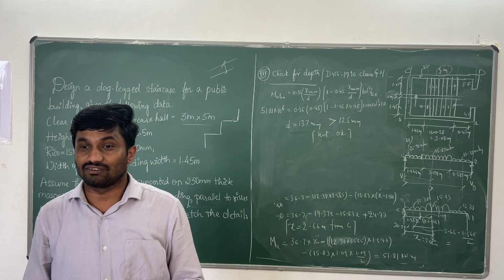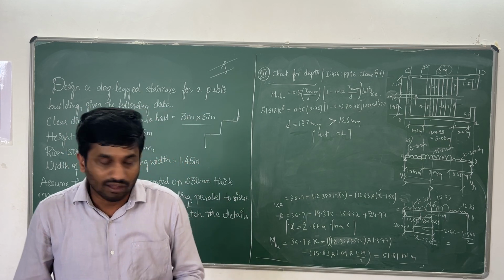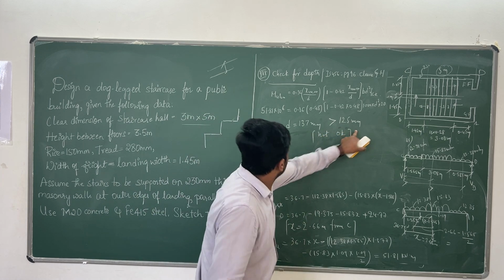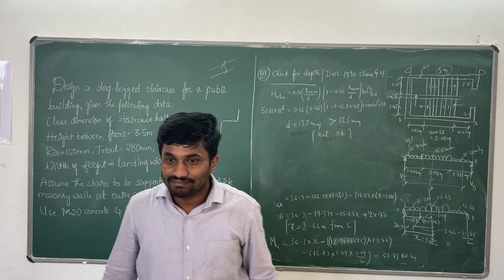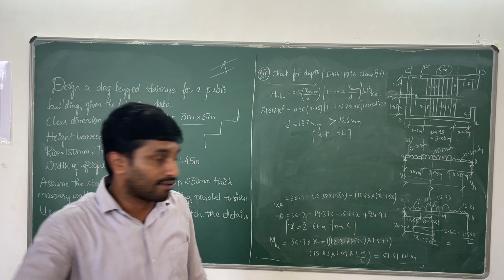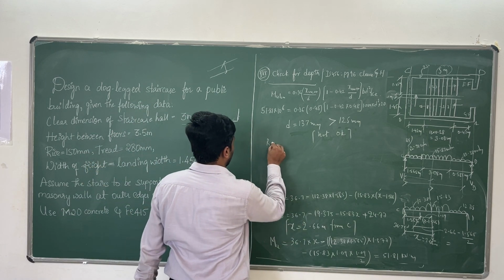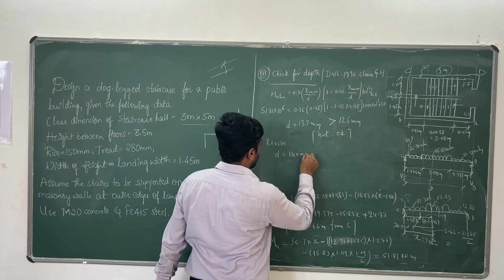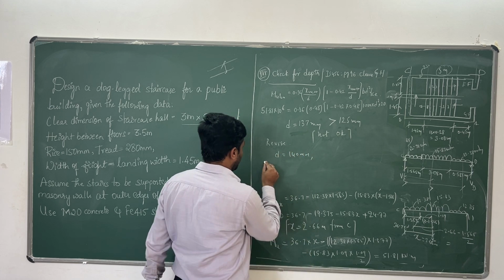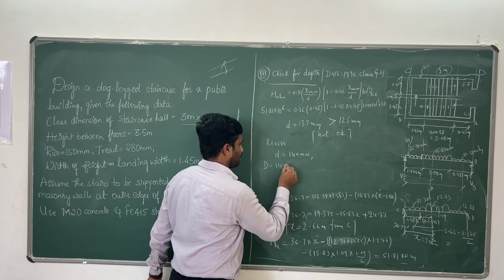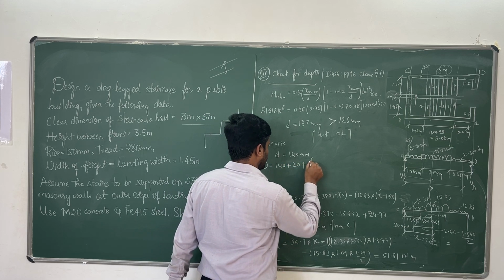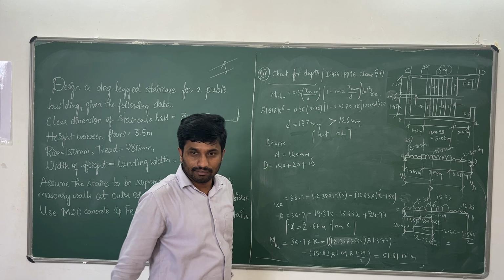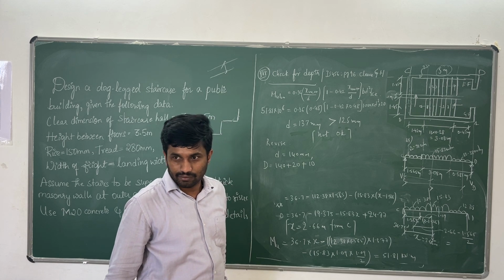So now we have to revise. How do we have to revise? On what criteria? Now your effective depth is revised to 137. Clear? Now revise. Now assume d equal 140 mm. Then what is D? 140 plus cover plus dia of bar by 2. Clear?